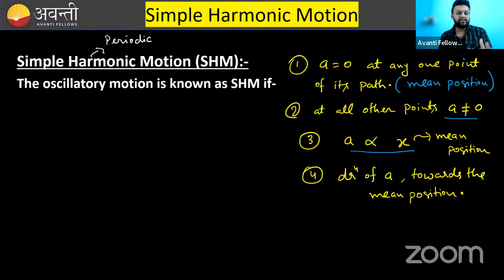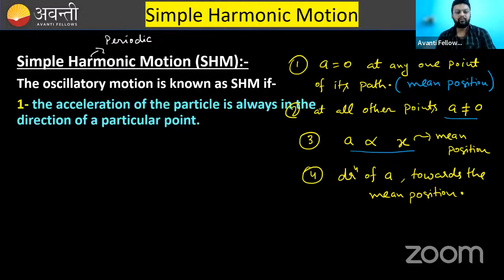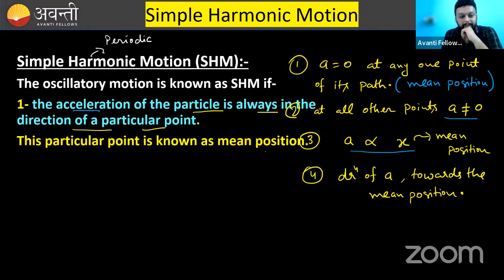Now I have mentioned all these things in the slide. Look at that. What are the conditions? The acceleration of the particle is always in the direction of a particular point, and this particular point is known as the mean position.